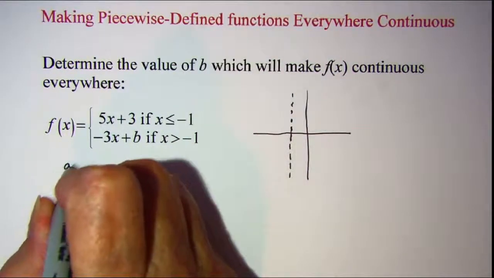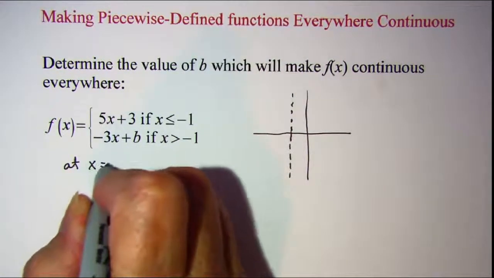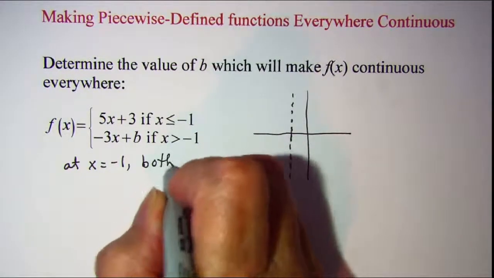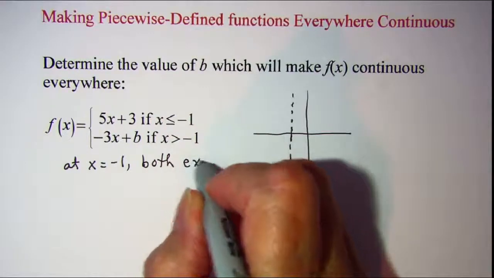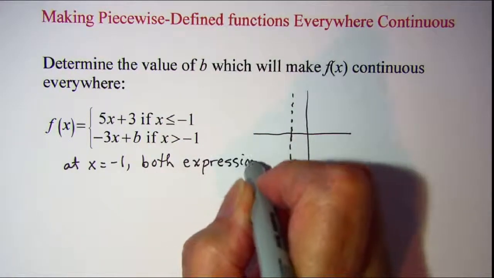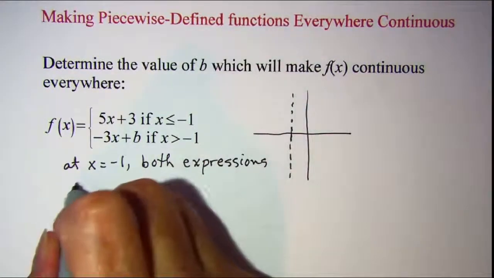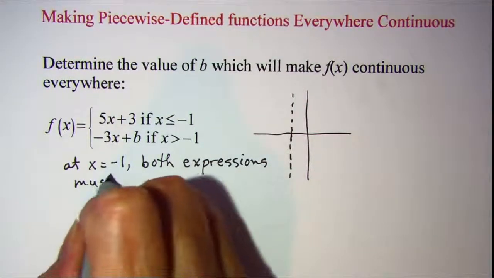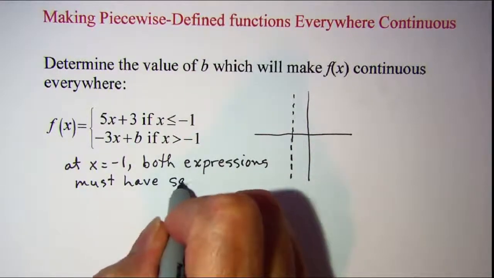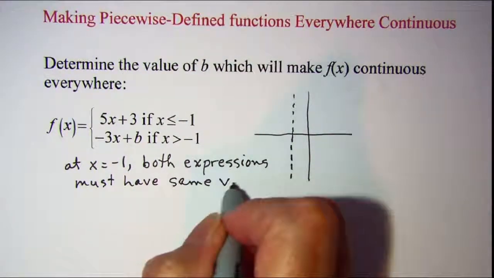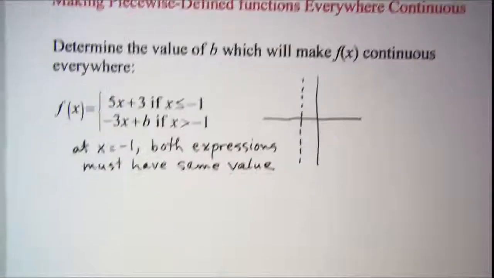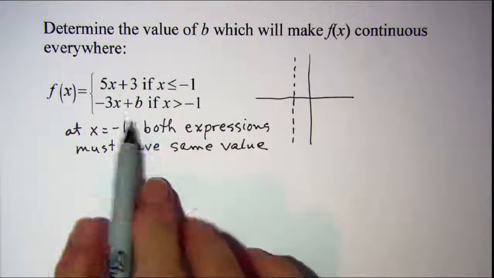So at x equals -1, both expressions must have the same value. So that's easy enough to do.